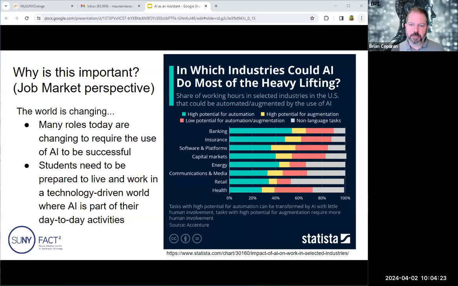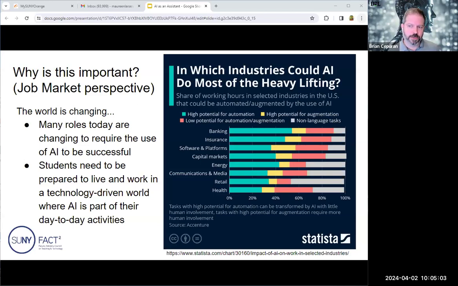If we look at things from a job market perspective, there's a lot of research that's being done. This is an infographic that's been released by Statista based on some data from Accenture, and it's looking at how time being spent in various roles across various industries has high potential for automation, high potential for augmentation, or low potential for either.